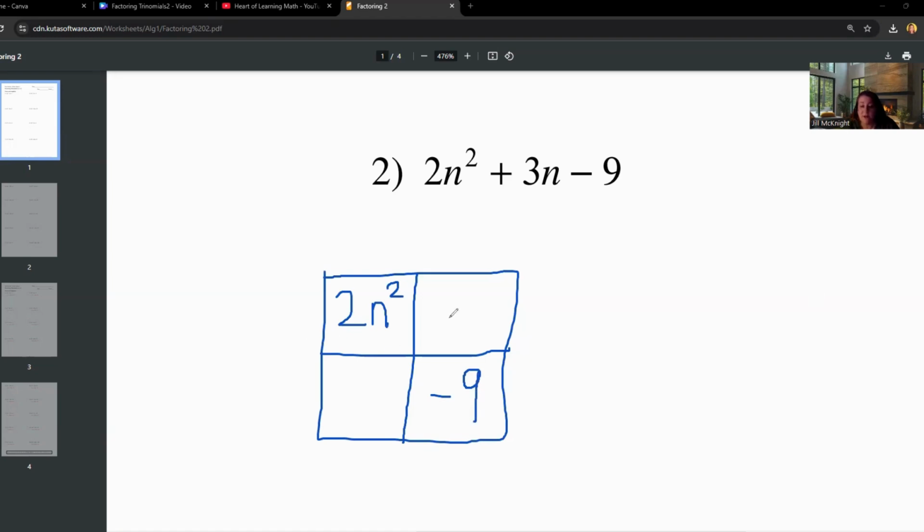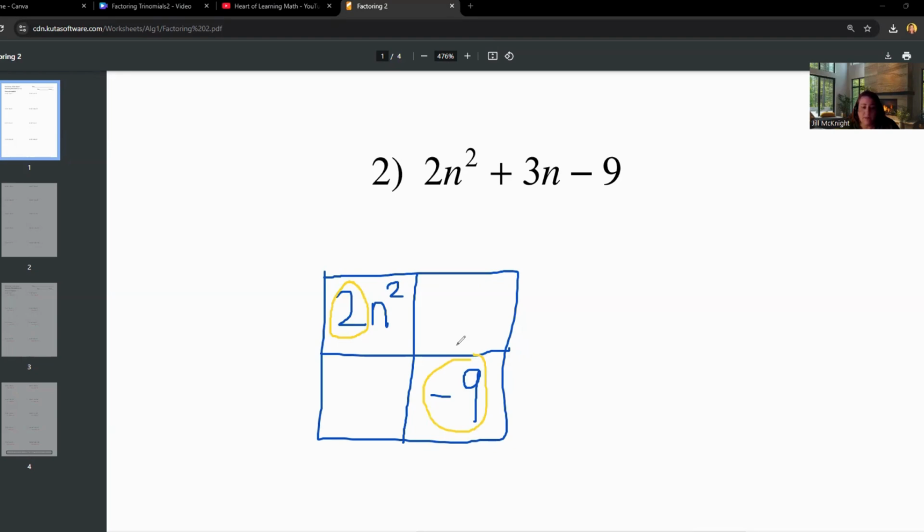Now, to figure out the other two boxes, we have to look at what's in front of the n. You could do this if it was a 1 also, if you prefer the box method. But in this case, it's a 2, and you're going to multiply that by -9.